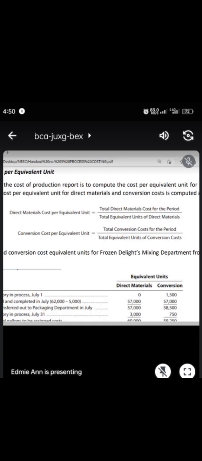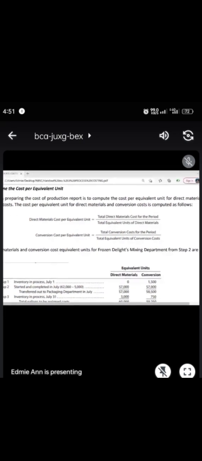What is our total equivalent units of direct materials? 60,000, ma'am. Okay. So 60,000 is the denominator, the total equivalent units of direct materials at the bottom.